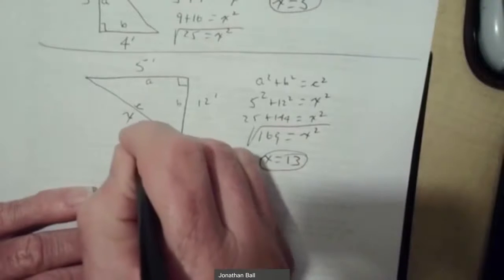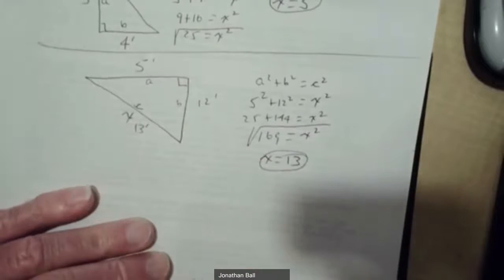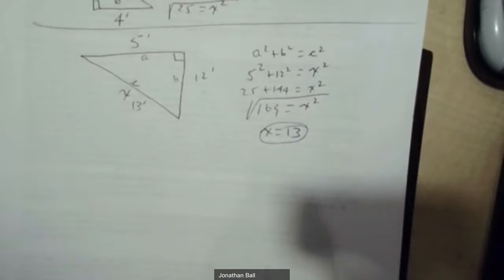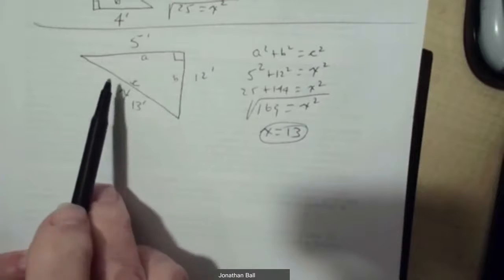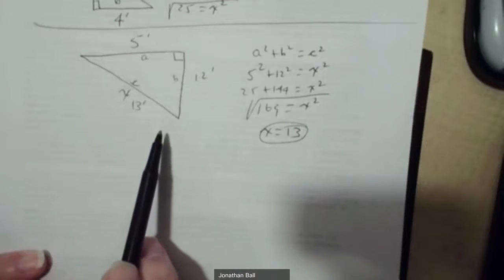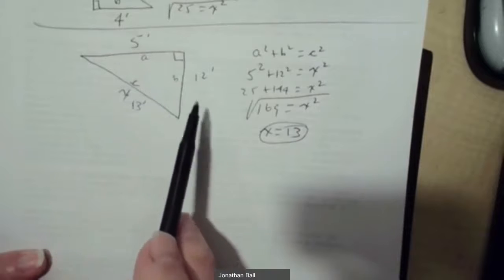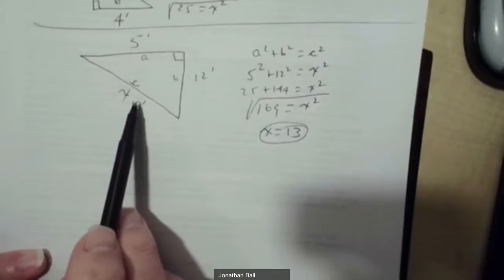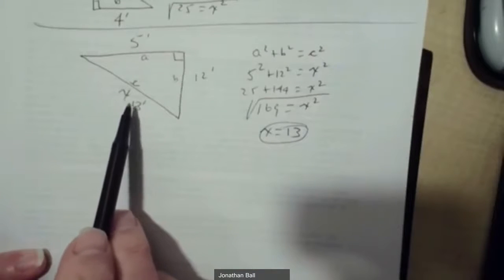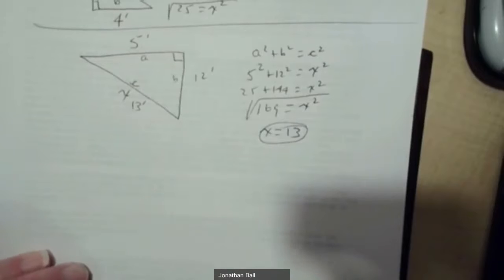Now look, when you're doing these things, especially if you're using a calculator, you have to ask yourself, does it make sense? Is it reasonable? Ask yourself, is the hypotenuse the longest side? Is it the longest side here? Yes. If you came out with 5, 12, and 10, something's wrong. Remember, the hypotenuse has to be the longest side.